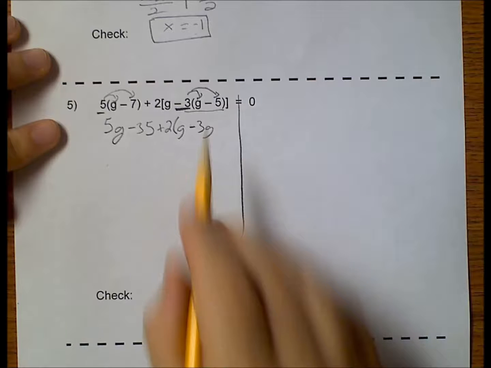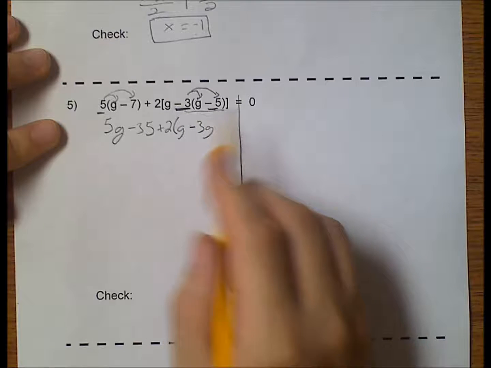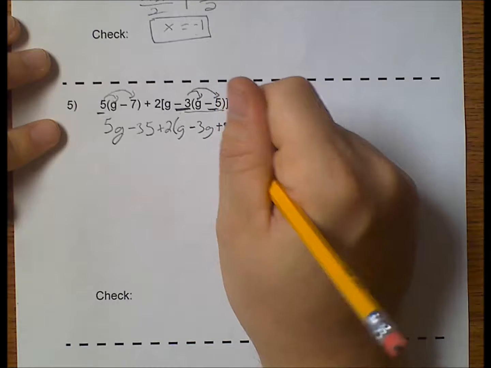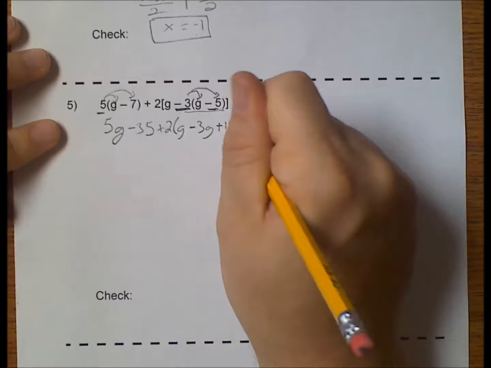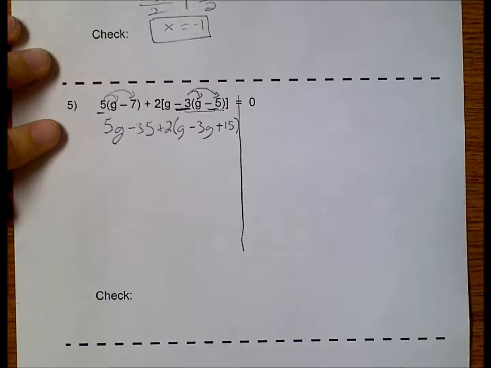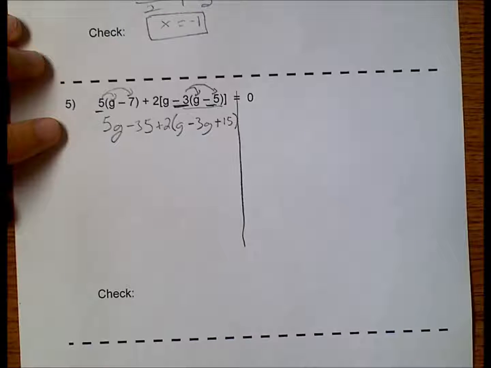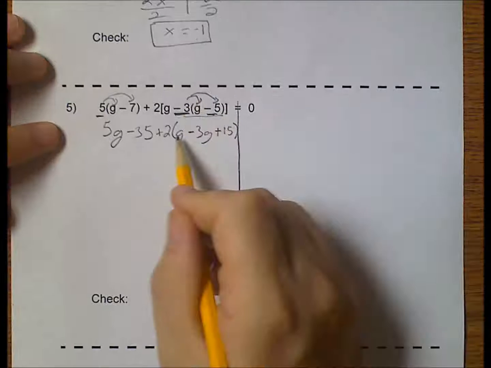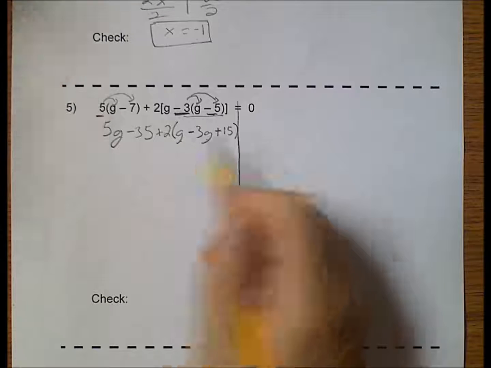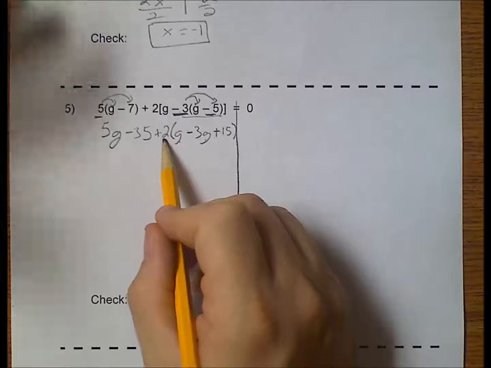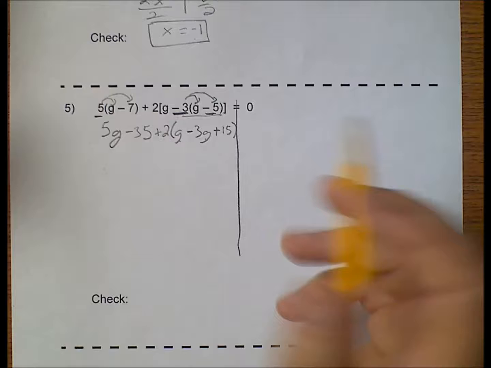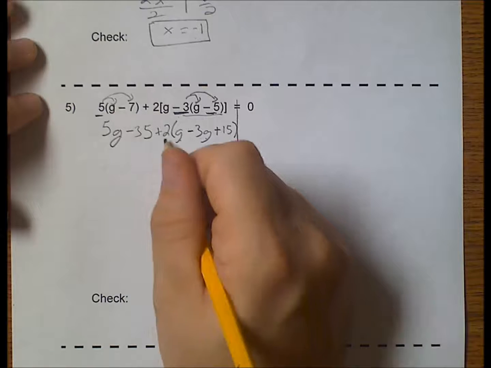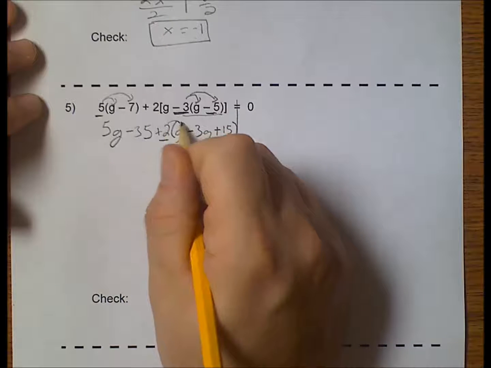And a negative 3 times a negative 5 is a positive 15. Now, I could go ahead and bring these two together because they're in parentheses, or I could distribute the 2. I'm going to go ahead and just distribute this 2 to everything.